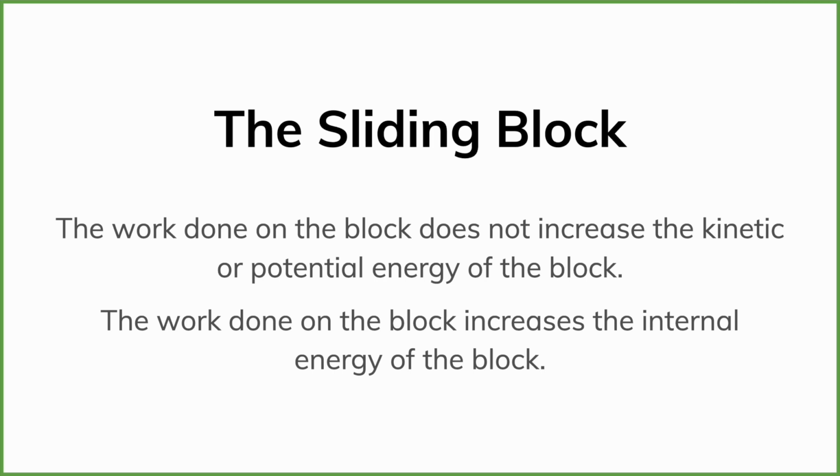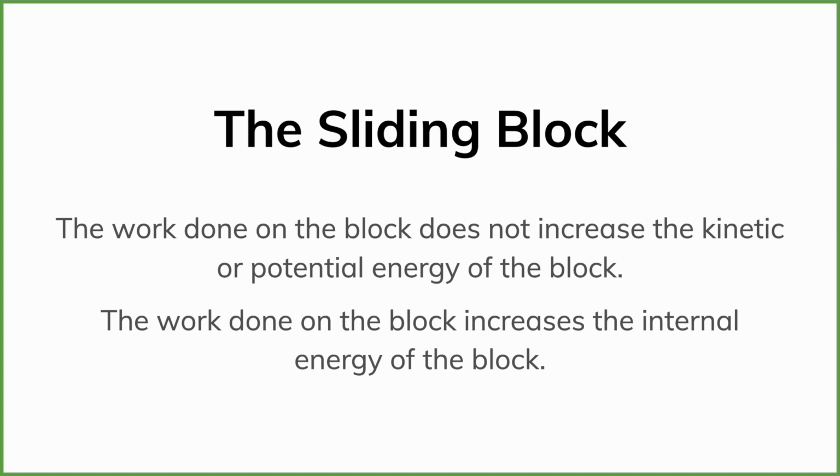It turns out what's happening is the internal energy of the block, and technically the floor, is increasing. The friction is causing the particles to rub against each other, therefore increasing the kinetic energy of the individual particles, which increases the internal energy of the block. You would have experienced this: when you rub objects together, you can feel the warmth between them.